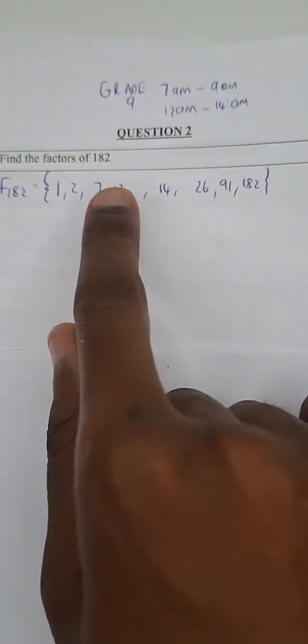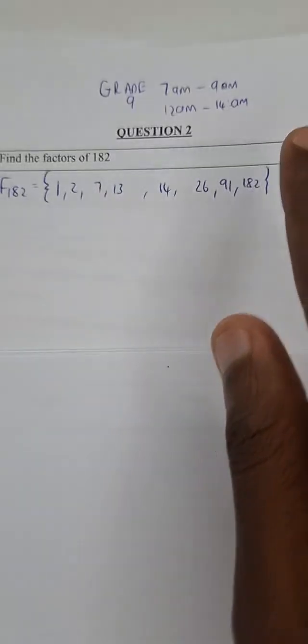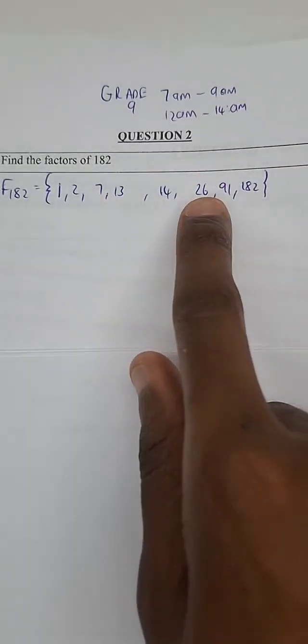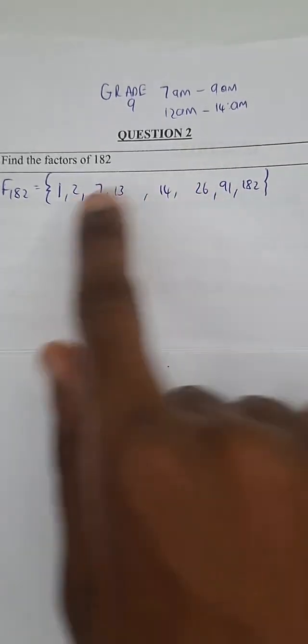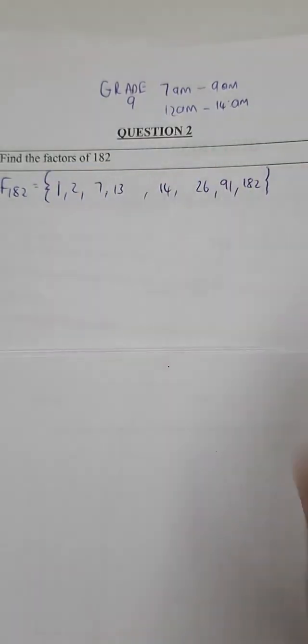Now I'm thinking to myself, after 13, I would have asked, does 14 go? Then the next number 15. But I can't check the next number 15 and so forth, because the immediate number that had come because of the other numbers was 26. So that means there's no other possible factor. These are the factors of 182.